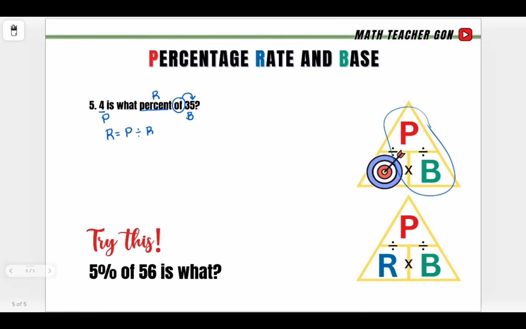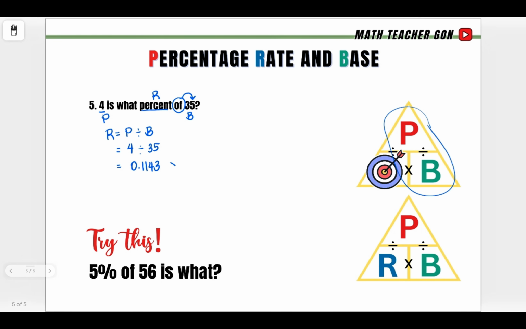So we have P, which is 4, divided by the base, which is 35. And then, what is 4 divided by 35?